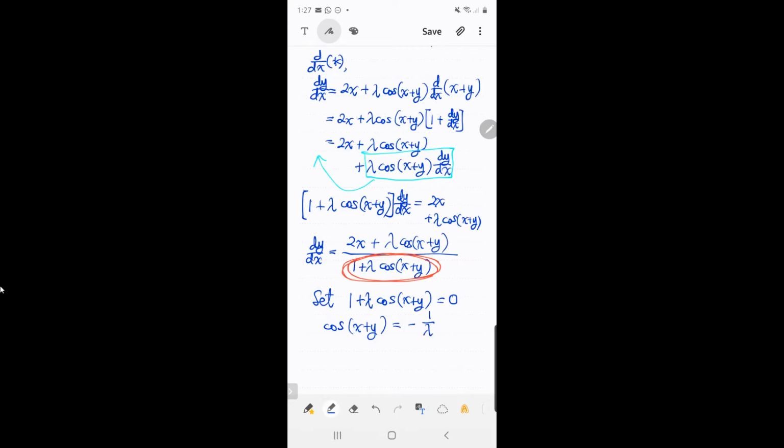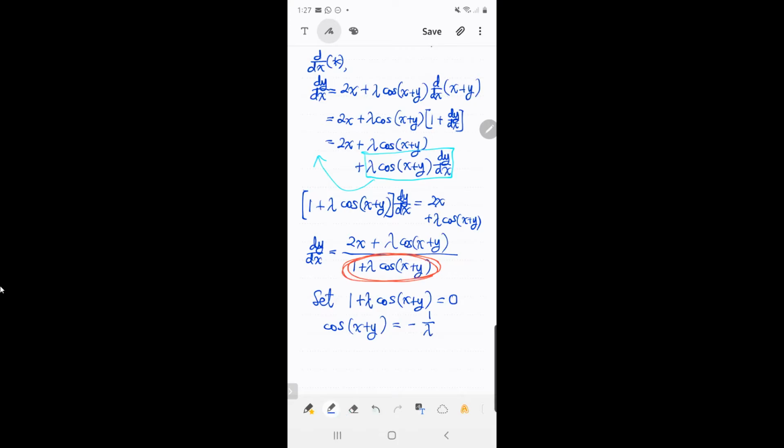Sorry, sir, isn't the denominator 1 minus lambda cos(x plus y)? Why? Because on the right-hand side on the top is plus lambda cos(x plus y) divided by dx. If you move to the left, isn't it negative? Oh, yes. Sorry.